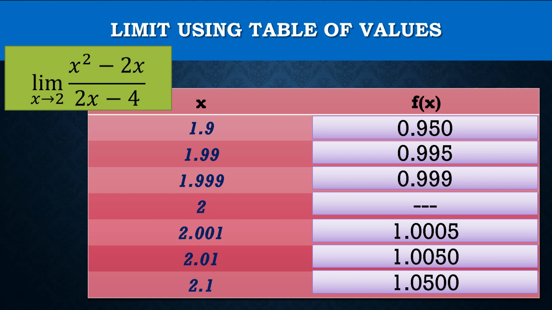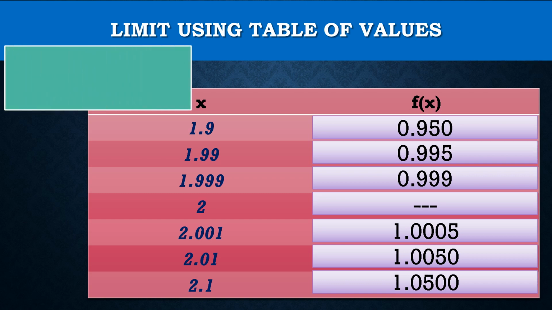Yung mga values of x naman natin, which is from the right of your x is equal to 2, okay, yung mga values naman, from 1.05 to 1.005, papunta sa 2, we are also approaching to a certain value, which in this case, the 1. Thus, the limit of the function is equal to 1 as x approaches 2. So that is the use of table of values.